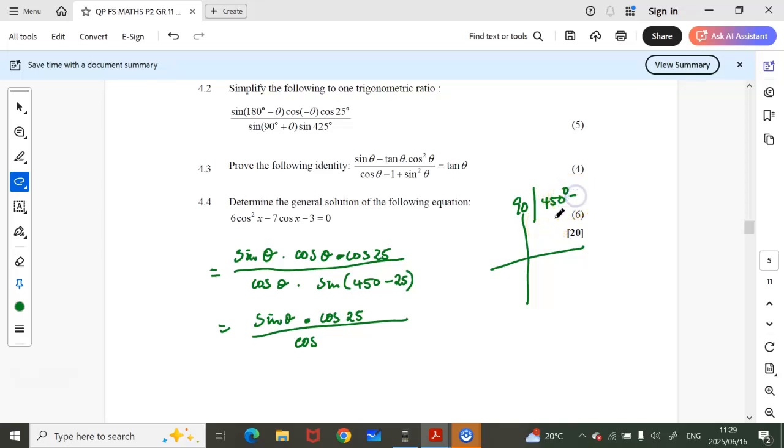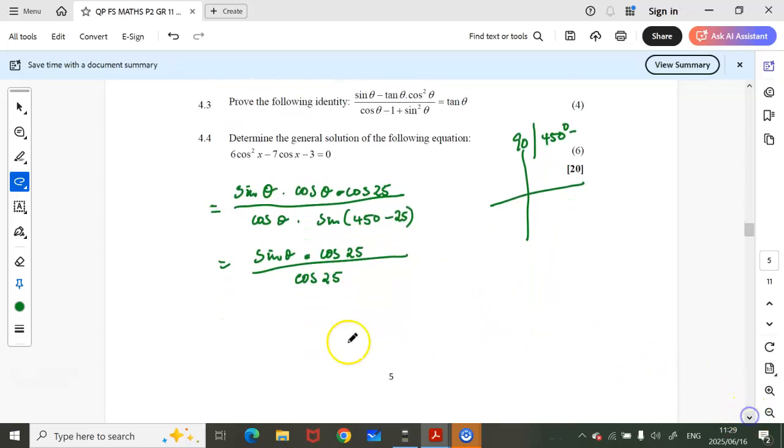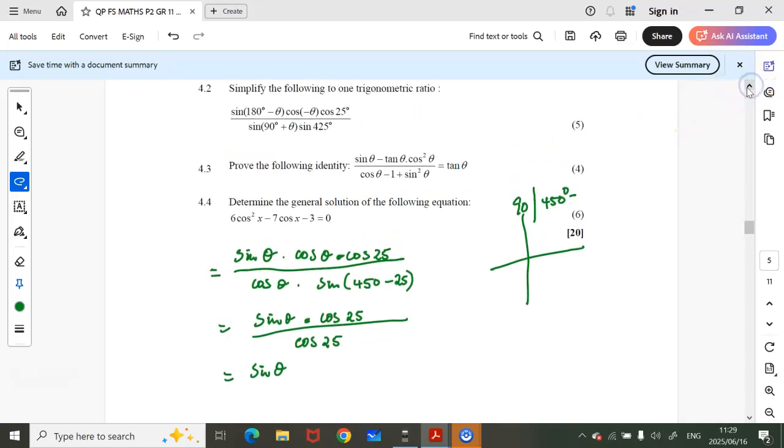Remember, it's 450 minus, it's on the first quadrant, so that will be cos 25, and then cos 25 over cos 25 is 1. That means I am left with the answer that is sine theta, as they have said there, that we are simplifying to find one trigonometric ratio, and that is sine theta right there.